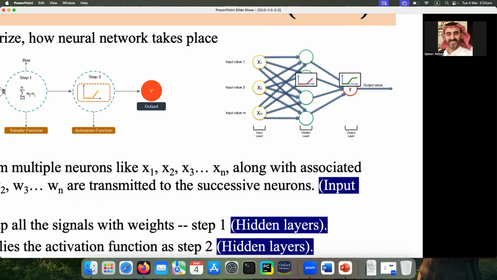Like in logistic regression, you have the sigma at the end, but it doesn't mean you cannot apply some other activation function after or before the sigmoid. Similarly, in a neural network, if you have the softmax, it doesn't mean you cannot apply any activation function before or after it. So you can use any activation function at these positions.